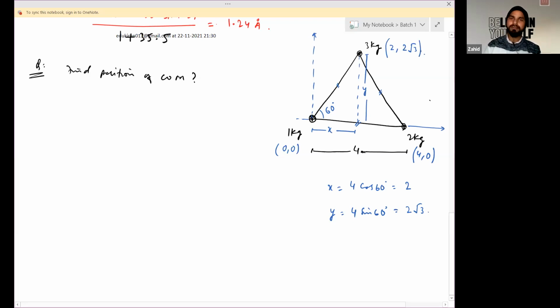Hamza? Yes, sir. Okay. Now you have the coordinate of each term. Put in the above formula and try to find x center of mass and y center of mass. Try to solve.